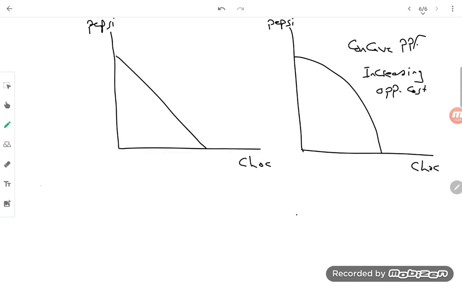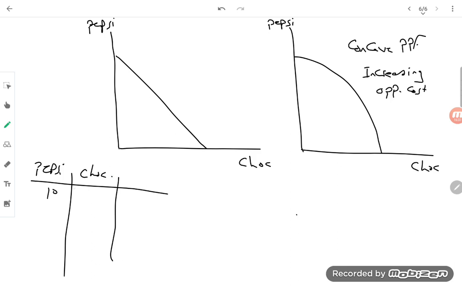But now let's calculate opportunity cost for this example. If you would like to increase production from 0 to 1, you have to give up 2 units.